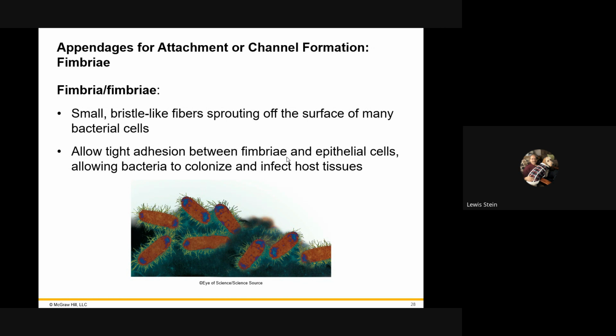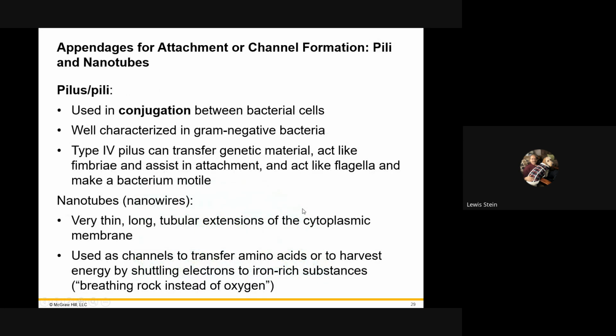As long as you've washed your hands thoroughly, you're going to be fine. That's why you emphasize the hand washing, because you're not likely to touch your face and all that. Pili are a little bit different. They're made of a protein called pilin, and it looks kind of like this. They typically are gram-negatives, look at that gram-negative.